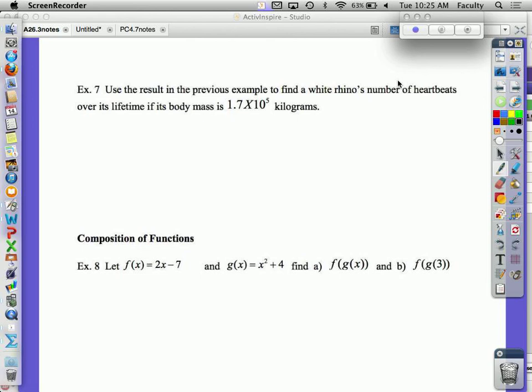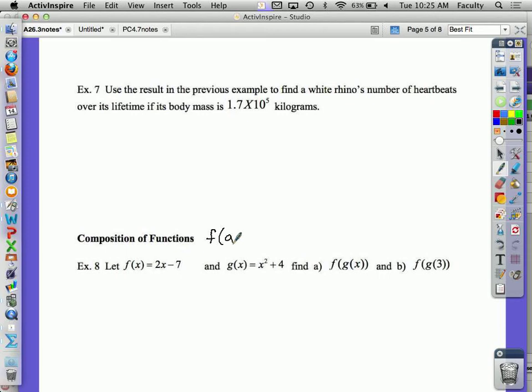Okay, so this is 6.3 notes, day 2, and we are looking at a composition of functions. There's two types of notation to indicate a composition of functions: f of g of x, or sometimes, I've heard students say they like to call it "fog," because it's f and then there's this little open circle.